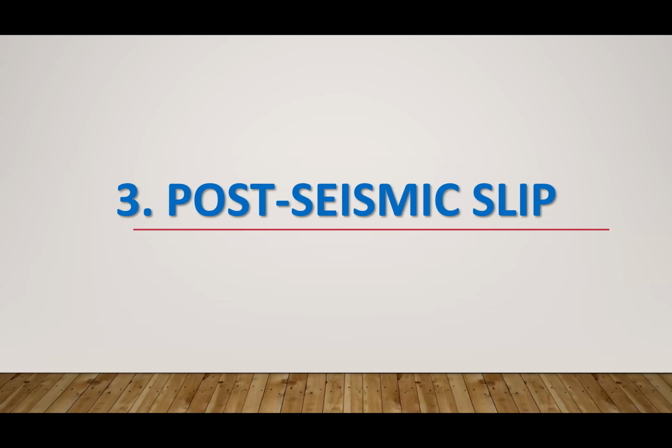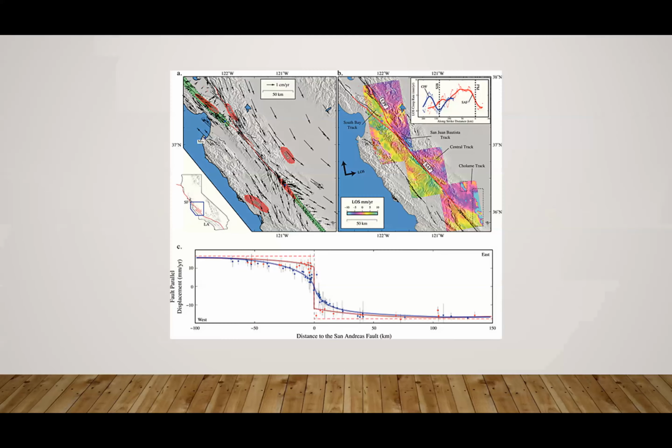Post-seismic slip refers to slip that occurs in the days, months, and sometimes years after an earthquake. Such slip occurs for a variety of reasons that typically differ from the steady interseismic slip.